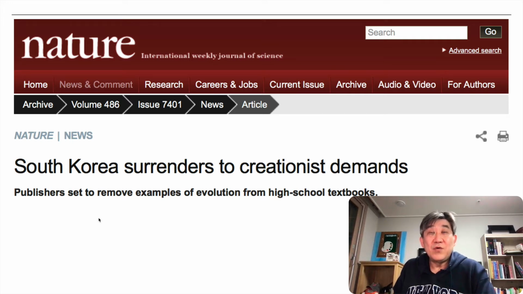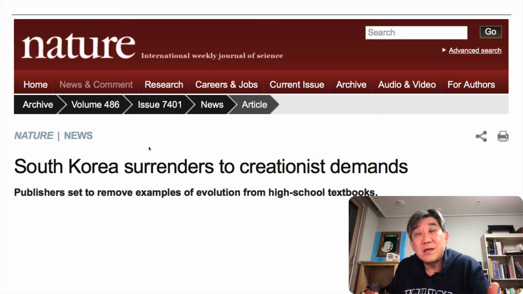Those who were involved, like Korean scientists who can make a difference, were not even aware of that. Only after this was reported in the renowned scientific journal Nature were those scientists aware of it, and they fought back to reinstate the description.